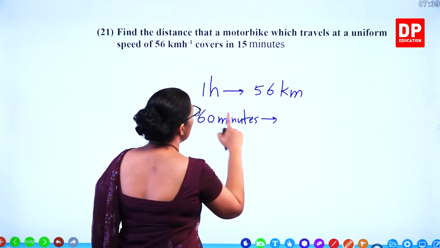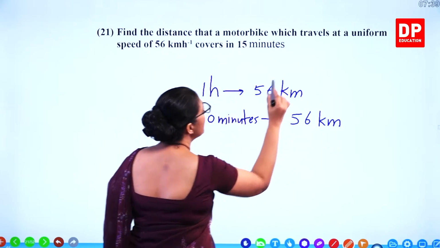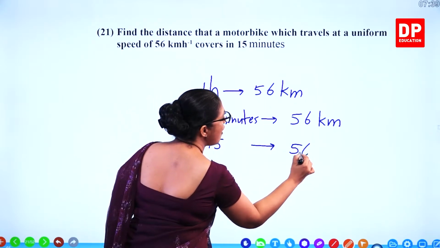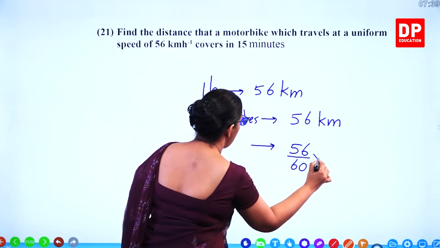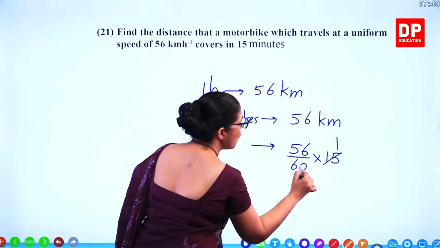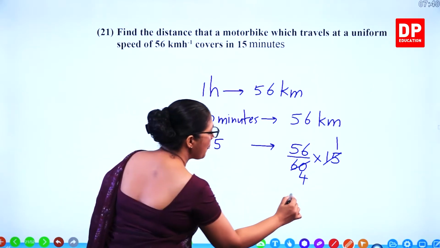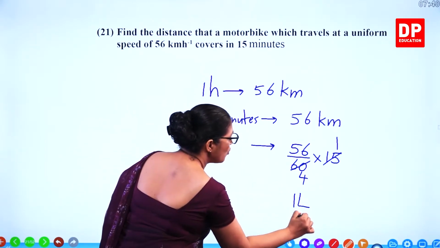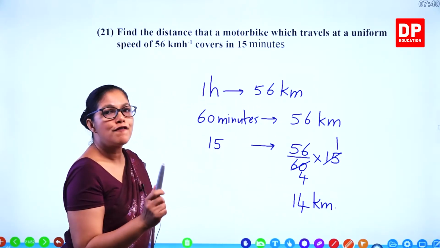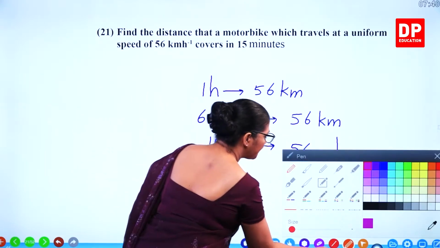What about 15 minutes? So 56 divided by 60 and multiplied by 15. 15 times 4, you get 60. 56 divided by 4 is 14. So 14 kilometers within 15 minutes. So you get 2 marks for that.